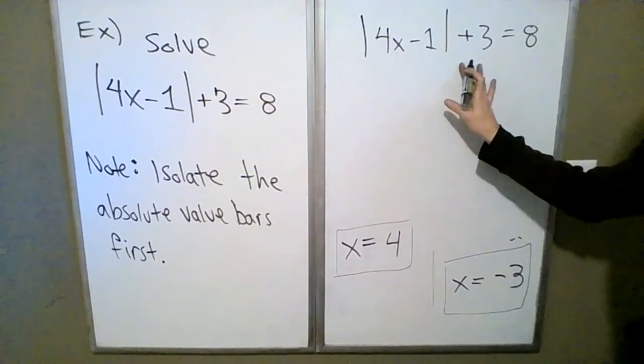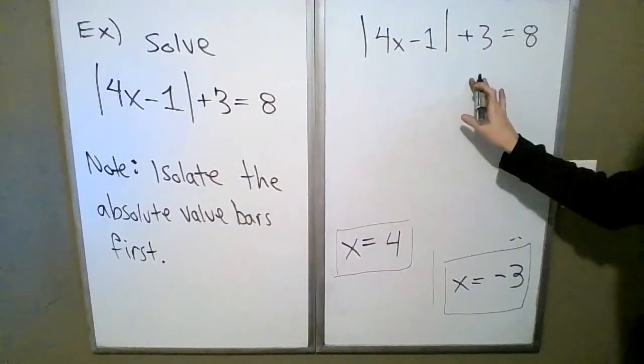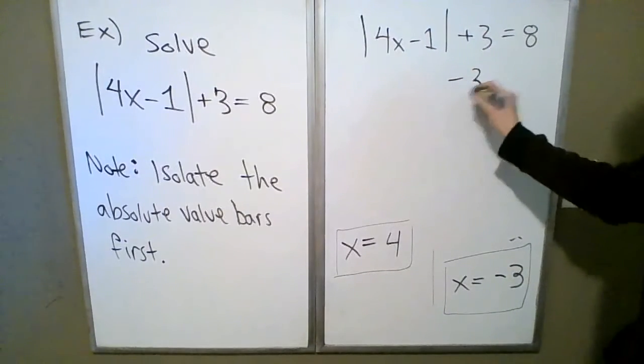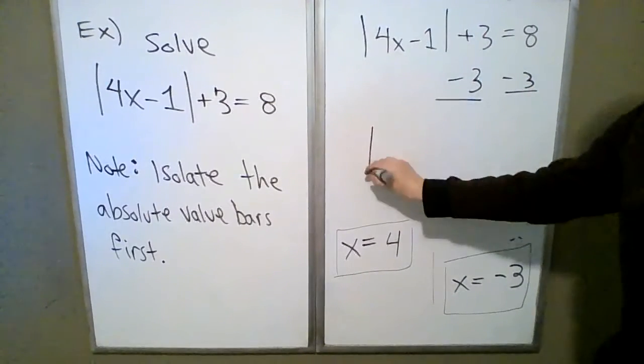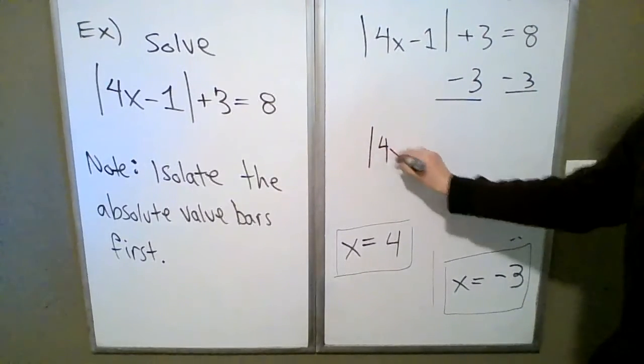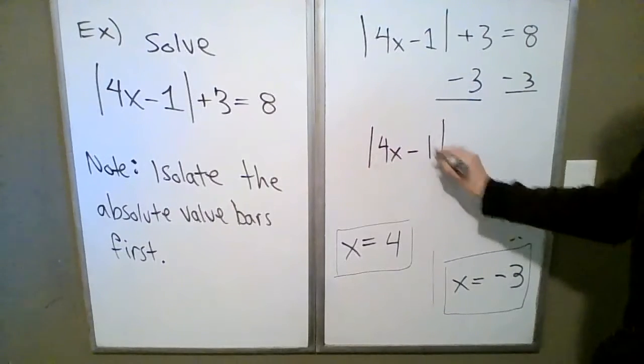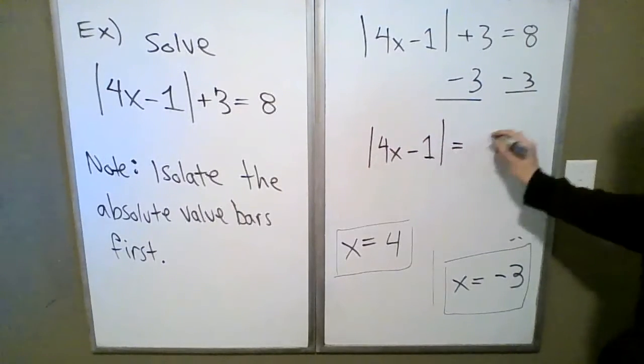So we're subtracting 3 from both sides. Over here, you keep this absolute value of the 4x minus 1. And this side is 5.